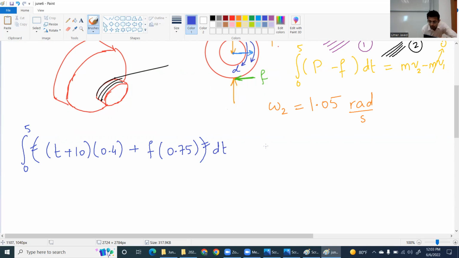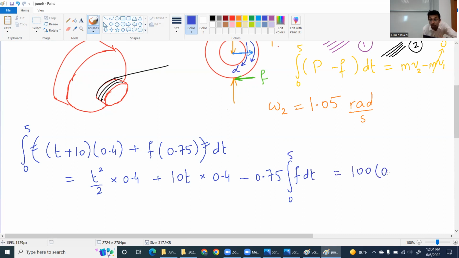And that is equal to t square over 2 multiplied by 0.4 plus 10t multiplied by 0.4 minus 0.75 integral 0 to 5 f dt, correct, is equal to 100 times 0.35 square omega.